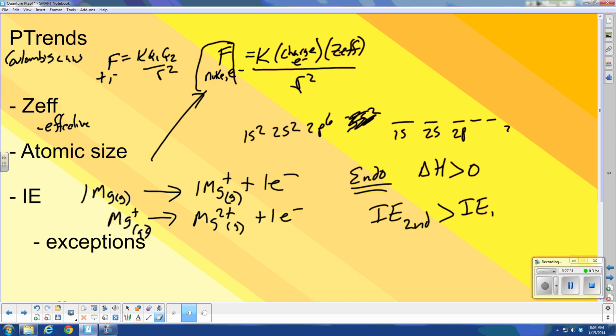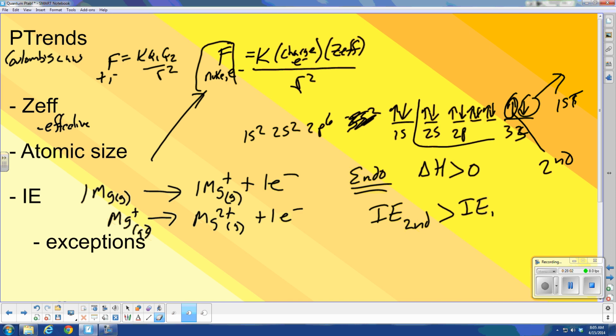So that's magnesium. Magnesium plus 1 is that. When I remove this, that's the first ionization energy. Now I remove this one, and that is the second ionization energy.